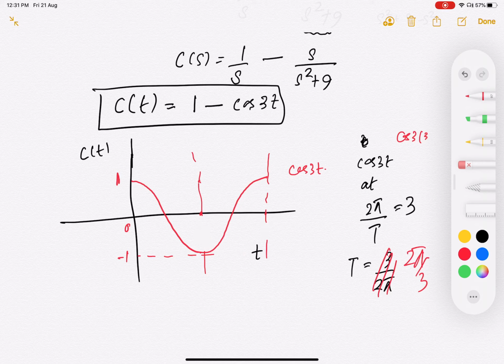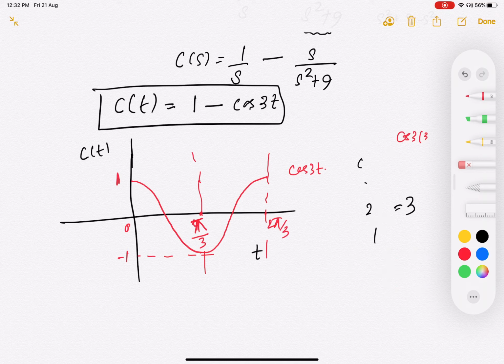At t is equal to 2 pi by 3, it is again cos 2 pi, which is 1. At t is equal to pi by 3, cos 3 into pi by 3, which is cos pi, it's going to be minus 1. And at pi by 6 and pi by 3 plus pi by 6, it's going to be 0. So this is the natural response for this function.